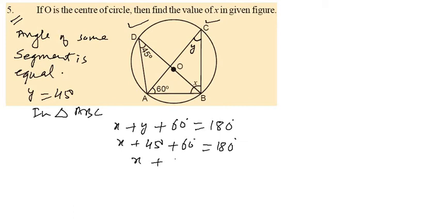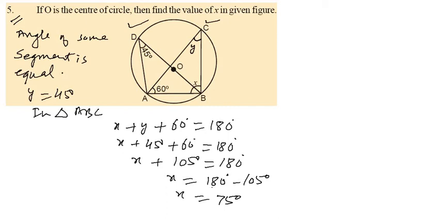So x plus 105 is equal to 180 degrees. So x will be equal to 180 degrees minus 105. 10 minus 5 is 5, 7 as it is, and 1 minus 1 is 0. So 75 is your answer.